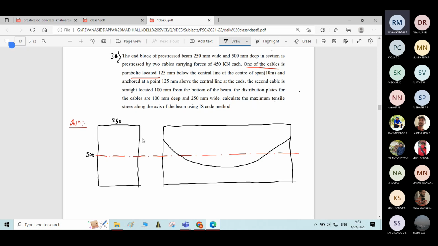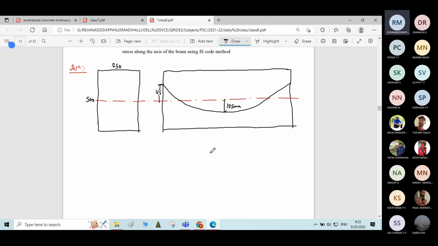Here 125 mm, and at the center also the cable is at a distance of 125 mm from the central axis. Then coming to the profile of the second cable, it is straight, located 100 mm from the bottom of the beam.